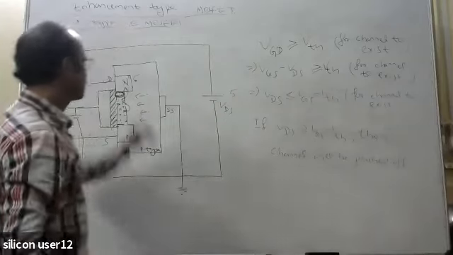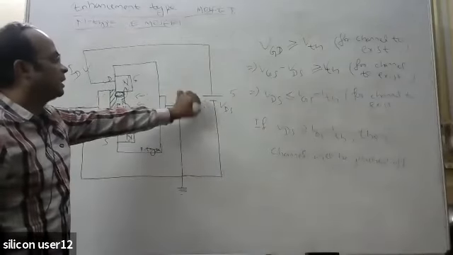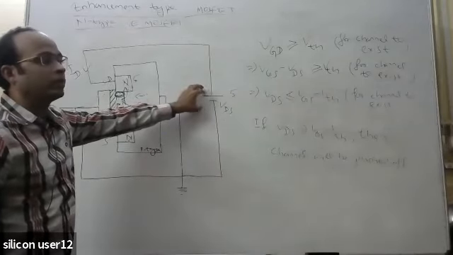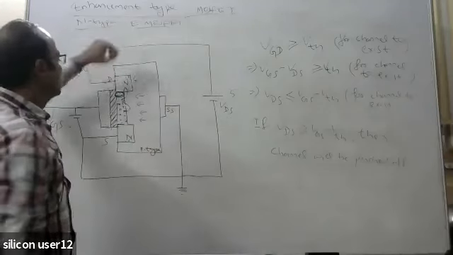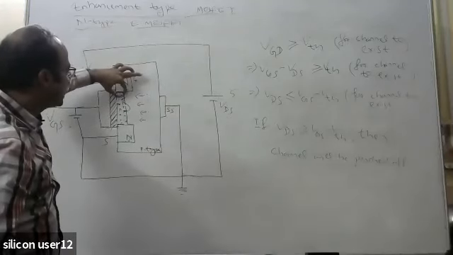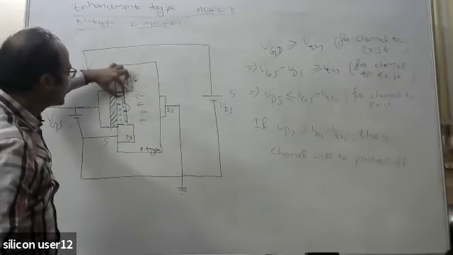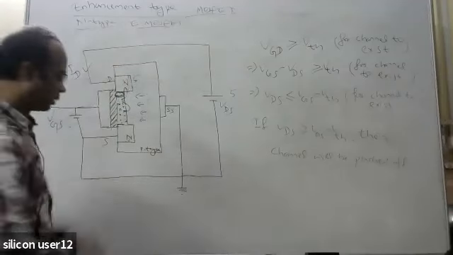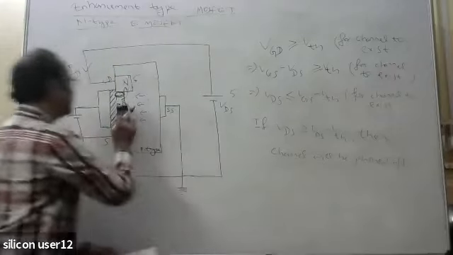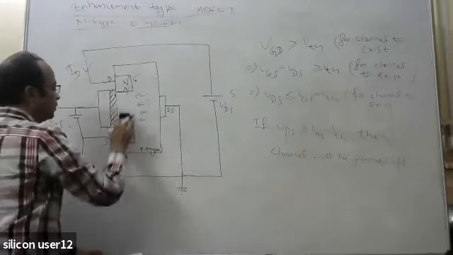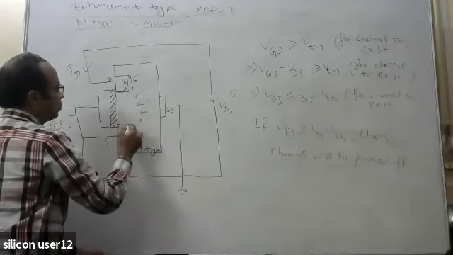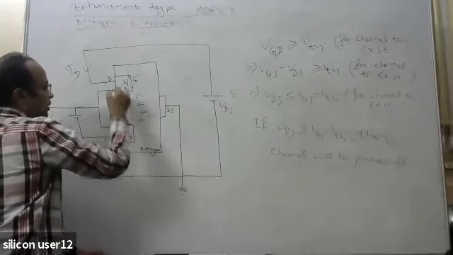Pinched off means, as I told you, whatever VDS was there initially, when you gradually increase this VDS, this channel width will decrease, and gradually at a particular VDS value, this channel width will be completely 0. That means the channel will look like this.